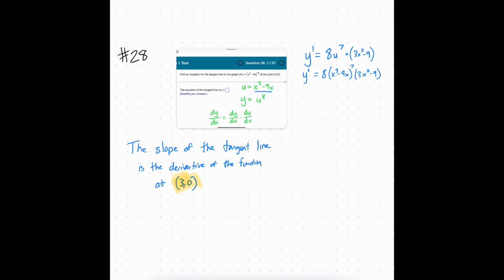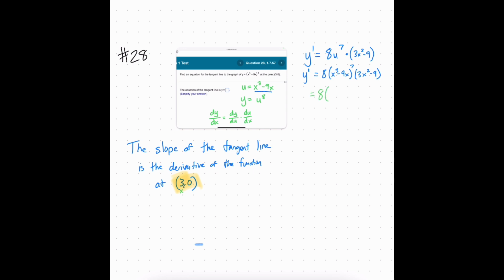That means over in my function, I need to plug in 3 for x, because 3 is my x value. Let's see what I get.